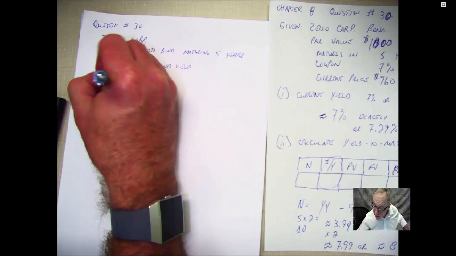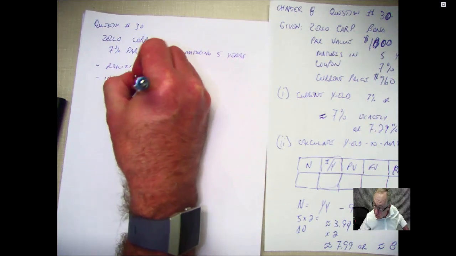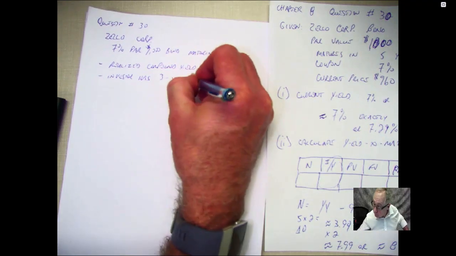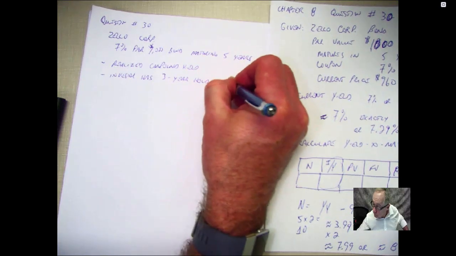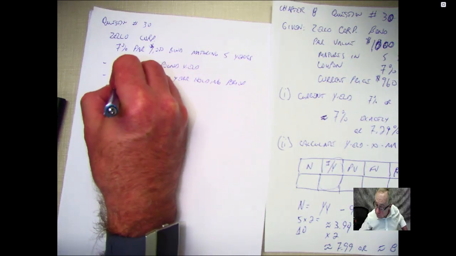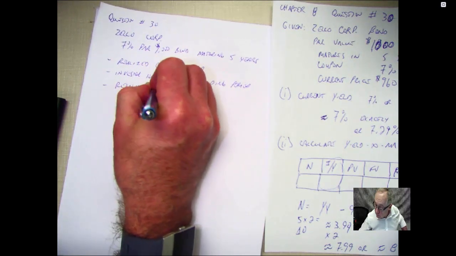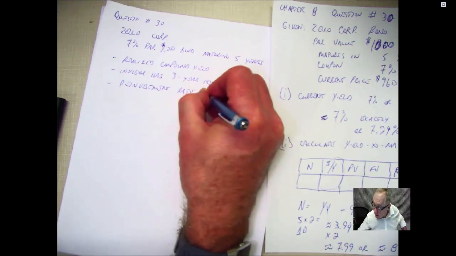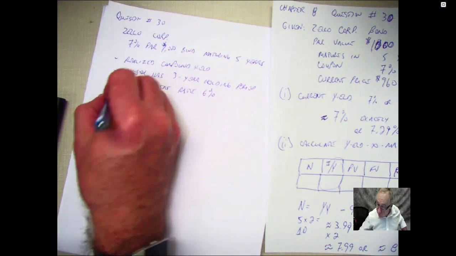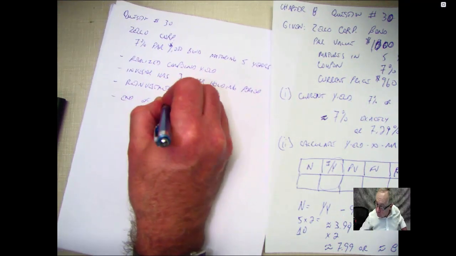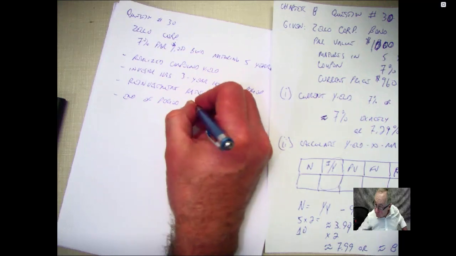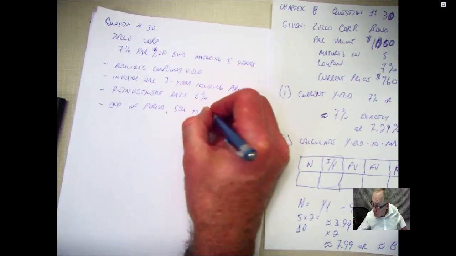An investor has a 3-year holding period, a reinvestment rate of 6%, and at the end of the period the bond will sell to yield 7%.